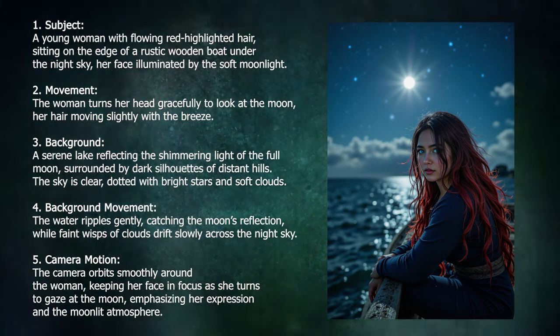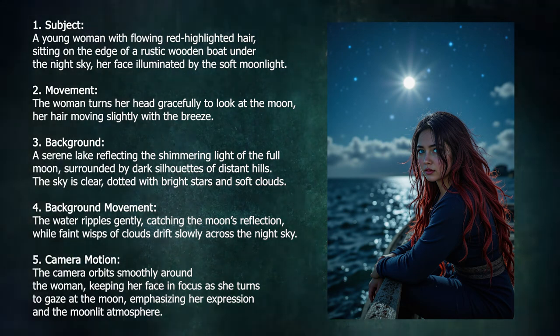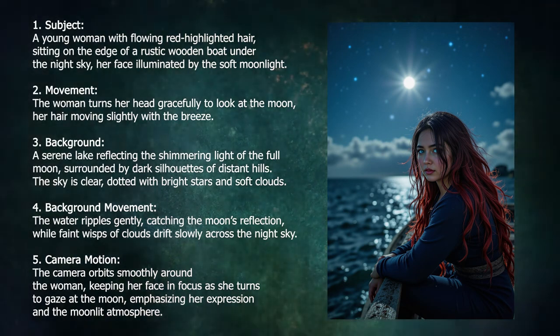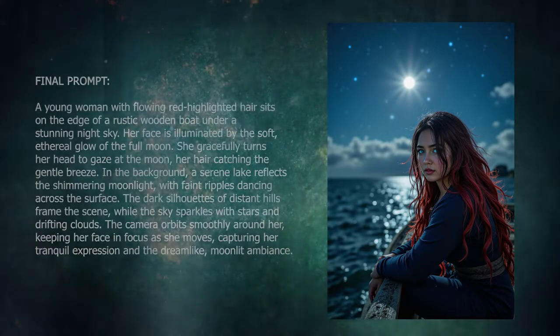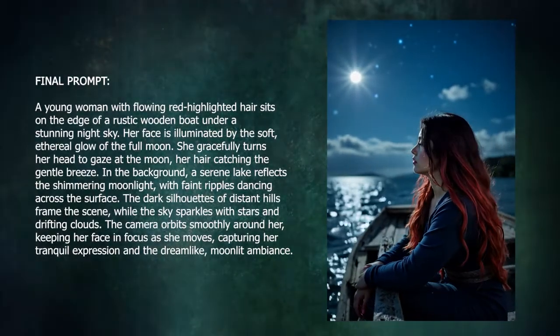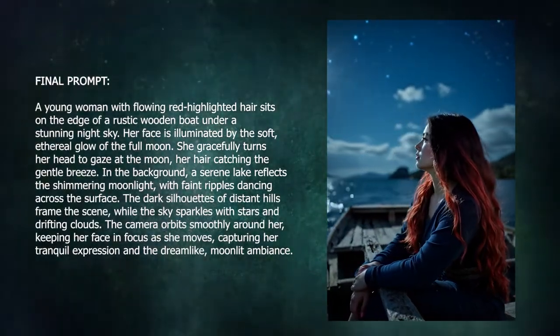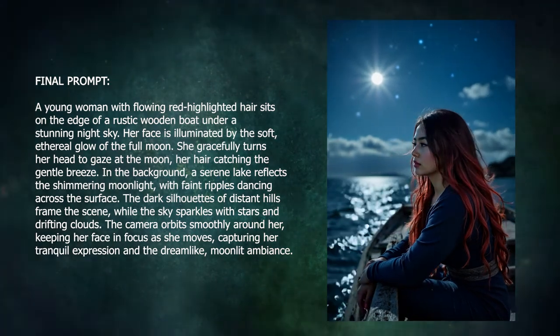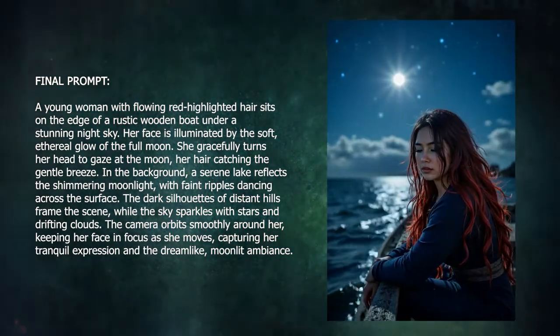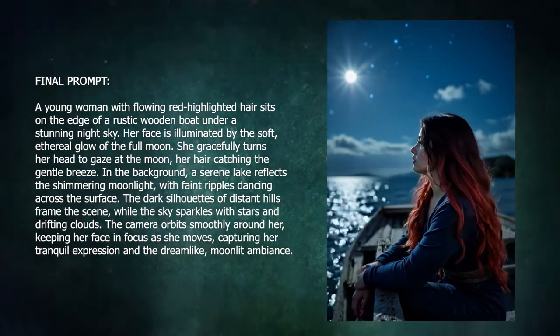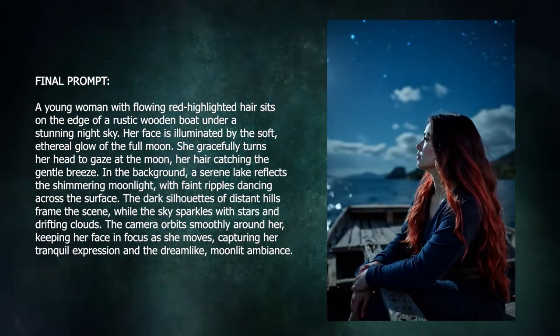So these are the core components of what I want this prompt to consist of, but now I'll just go ahead and combine all of these elements together, and so the final prompt will be a young woman with flowing red highlighted hair sits on the edge of a rustic wooden boat under a stunning night sky. Her face is illuminated by the soft ethereal glow of the full moon. She gracefully turns her head to gaze at the moon, her hair catching the gentle breeze.